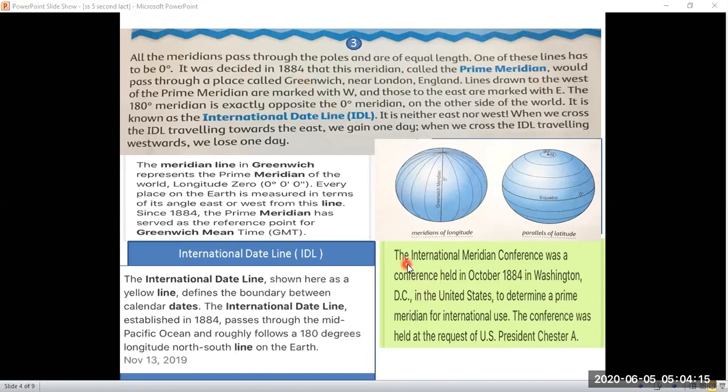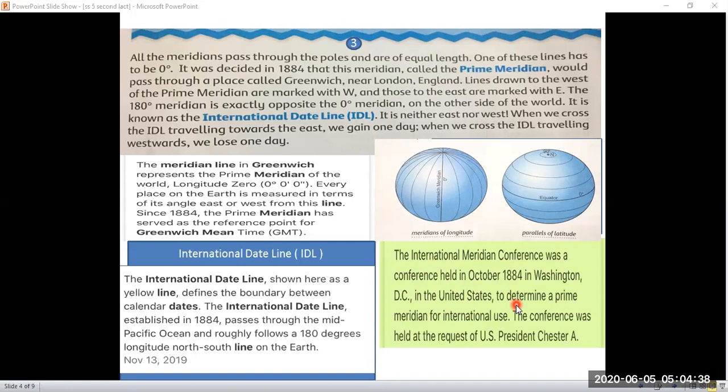So here we are learning that the International Meridian Conference was held in October 1884 in Washington, D.C. in the United States to determine an international prime meridian to use, where the countries are globally located.